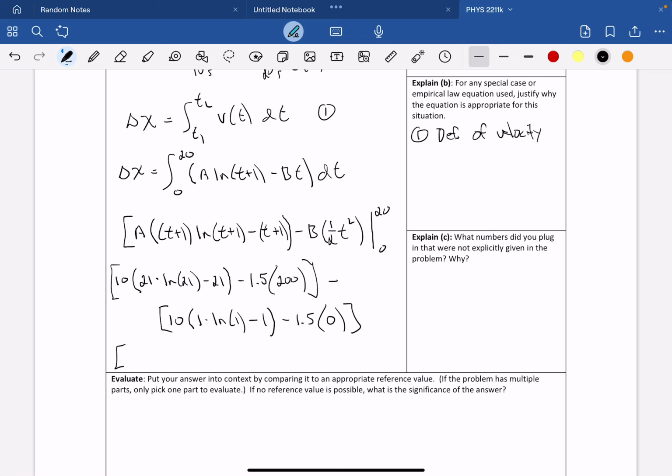So that is 149.35 minus, and plugging in this second one, I get 10 times the quantity, 1 times the natural log of 1 minus 1, and then minus 0, so that doesn't matter. And I get negative 10 for that.